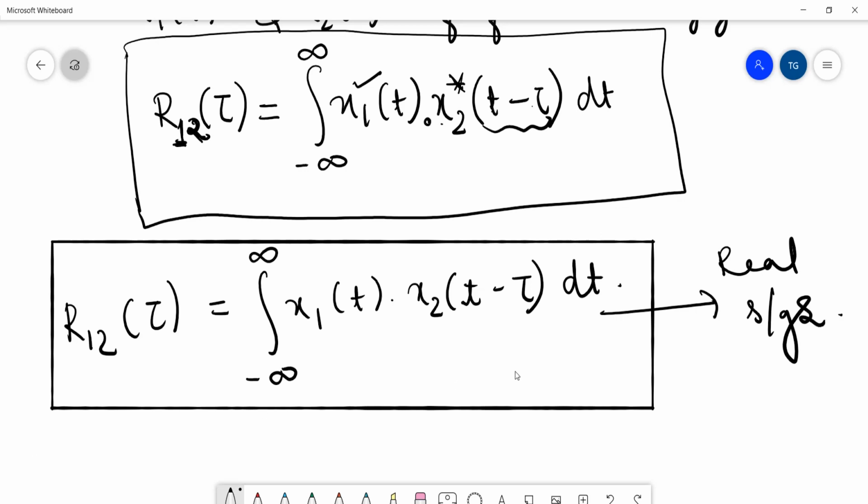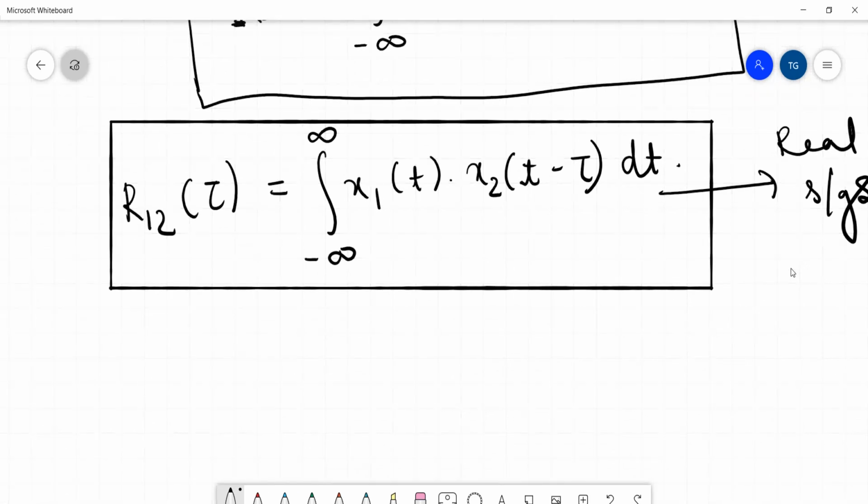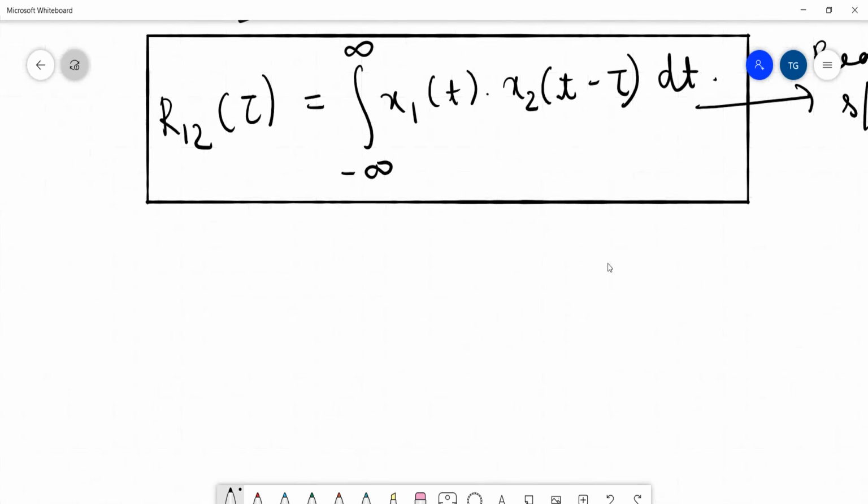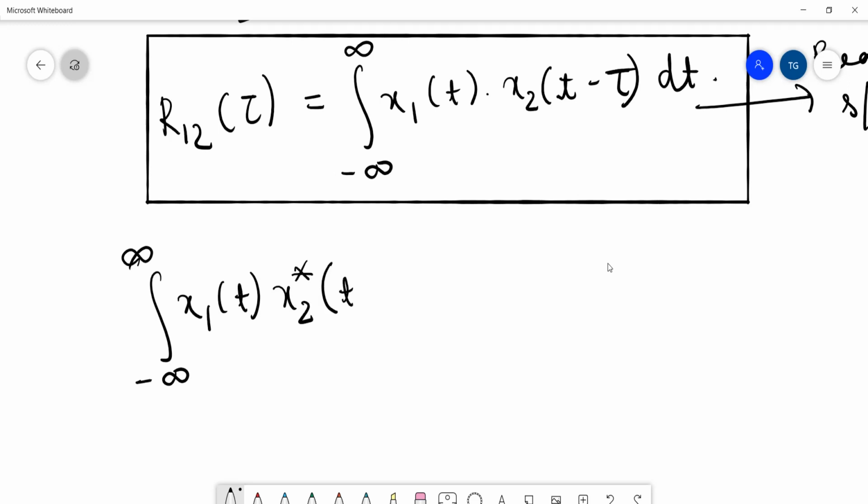Now we will see, if my tau is 0, that means my second signal is not delayed, it is at the 0 position, then what will this be? Then this integration will become the integral from minus infinity to infinity of x1 of t times the complex conjugate of x2 of t minus 0, so only t, dt.